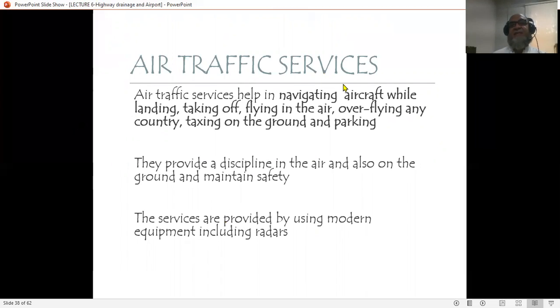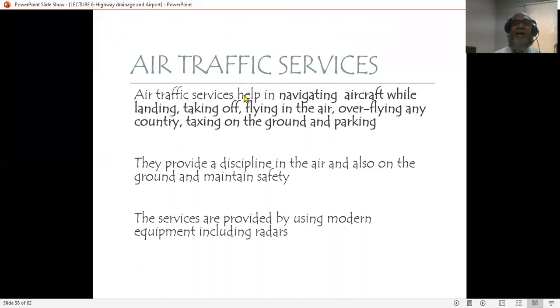This is ATS. With the crash of an unfortunate PIA just recently, this ATS has been highlighted everywhere. So actually, what does an ATS do?